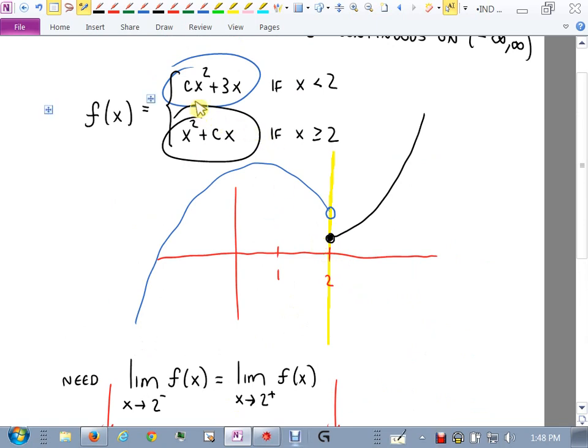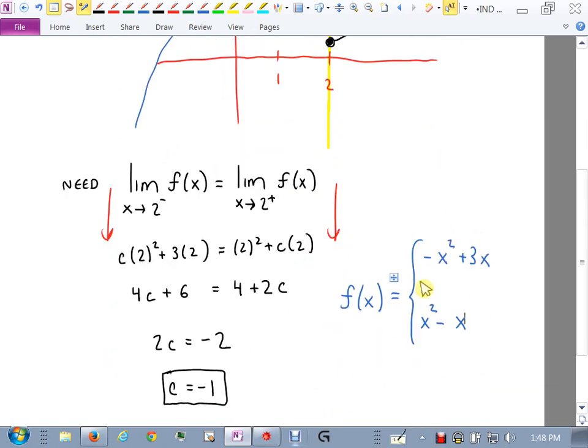Do y'all see all I did was grab this and replace my c with negative 1 here? This is if x was less than 2. This was if x was greater than or equal to 2. Questions, comments, concerns, gripes?